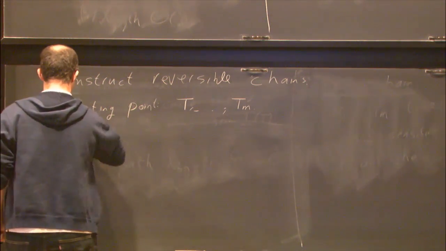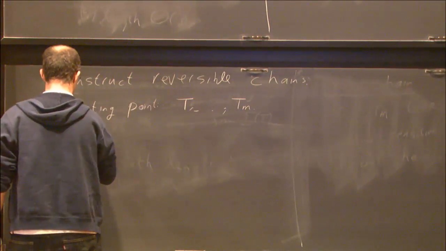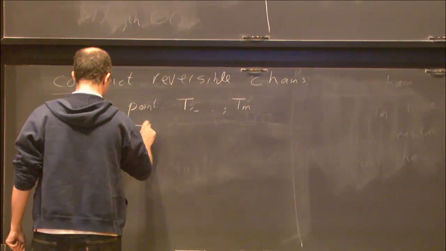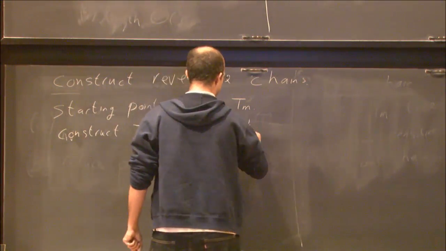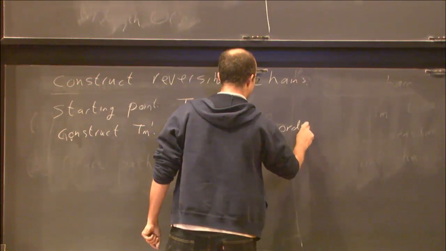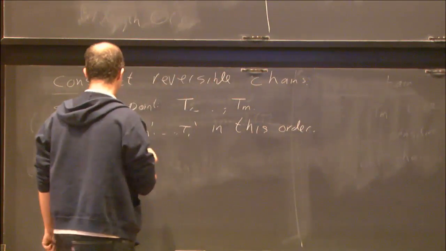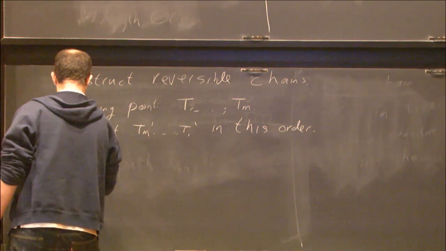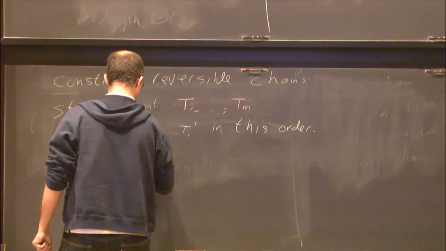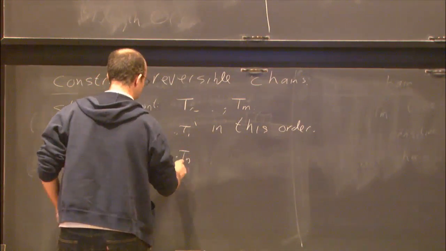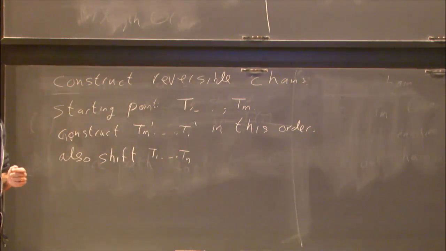So we'll satisfy the following invariants. We construct Tm prime up to T1 prime in this order. And when we do that, we also shift T1 up to Tm, so it won't stay the same chain that we started from.